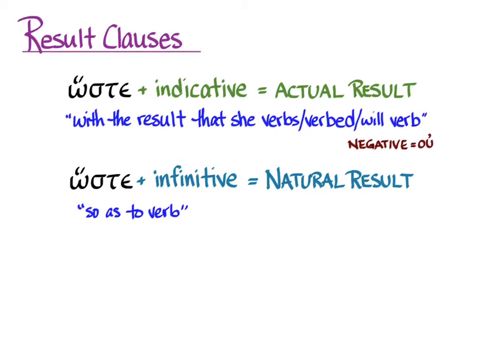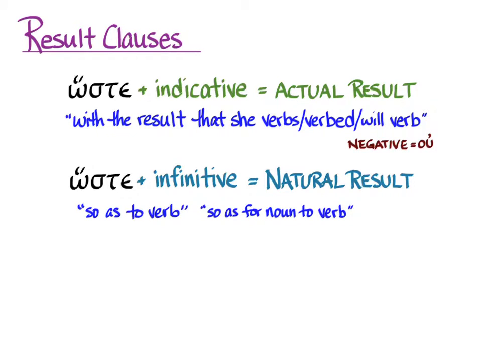"So as to verb" is really clunky English, but it does express what Greek is trying to get across, and it helps a little bit in this construction, "so as for a noun to verb," because as you can see, with an infinitive, we're going to need to say who's doing the action of the infinitive, what noun is doing the action of the infinitive.